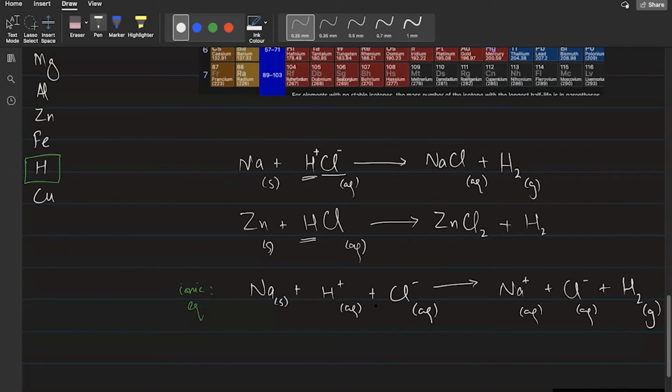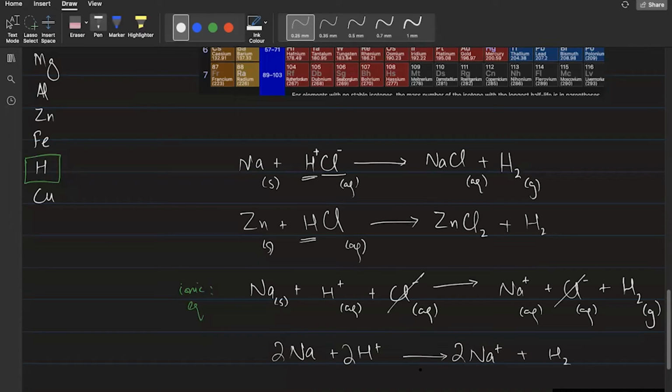But chloride is still chloride on the other side. It has not shown any change chemically, so we cancel this out. So the ionic equation only shows chemical change, and that's what we have here. This becomes sodium ion, and that becomes hydrogen gas. And now you can balance this out. You'll have 2 here, and to replace those 2, you will need 2 sodium, and that makes 2 sodium ions.